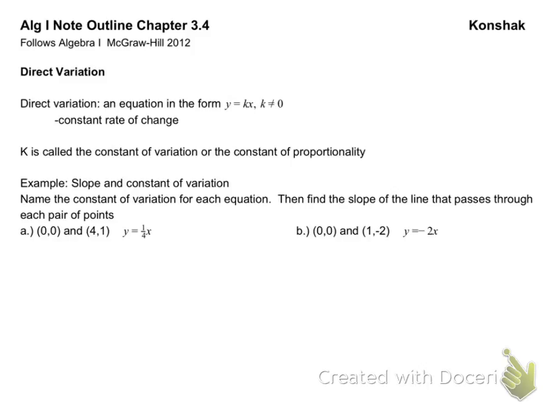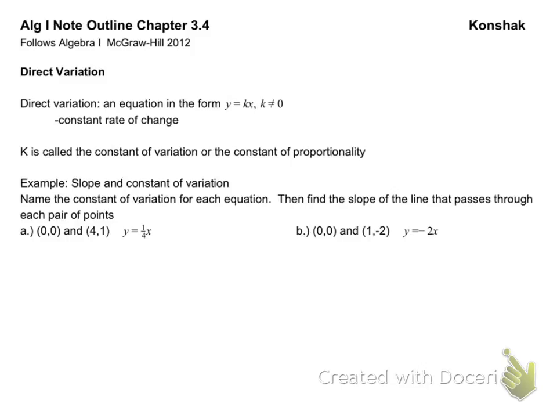That's what it means. We also need to sometimes find k. K is what we call the constant of variation, or the constant of proportionality.